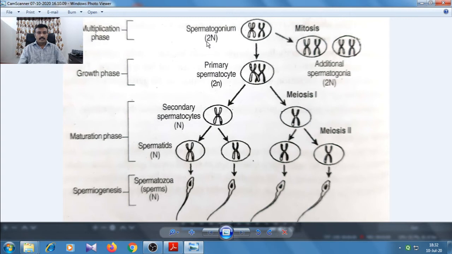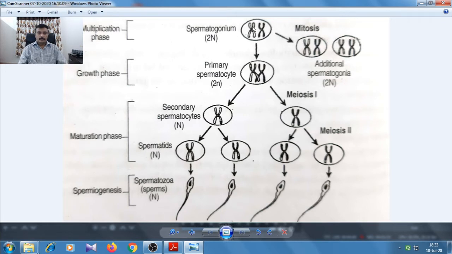The primordial germ cells, the spermatogonial cells present in the seminiferous tubules, undergo repeated mitotic division, and a large number of spermatogonial cells are formed.